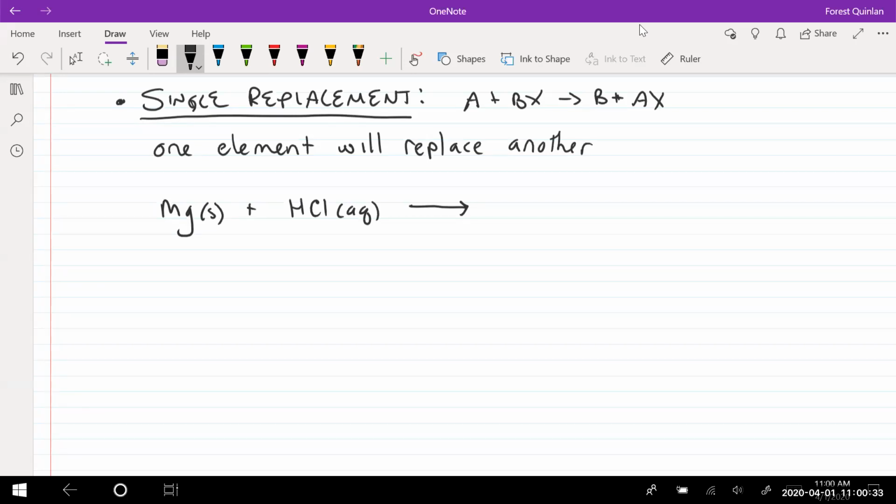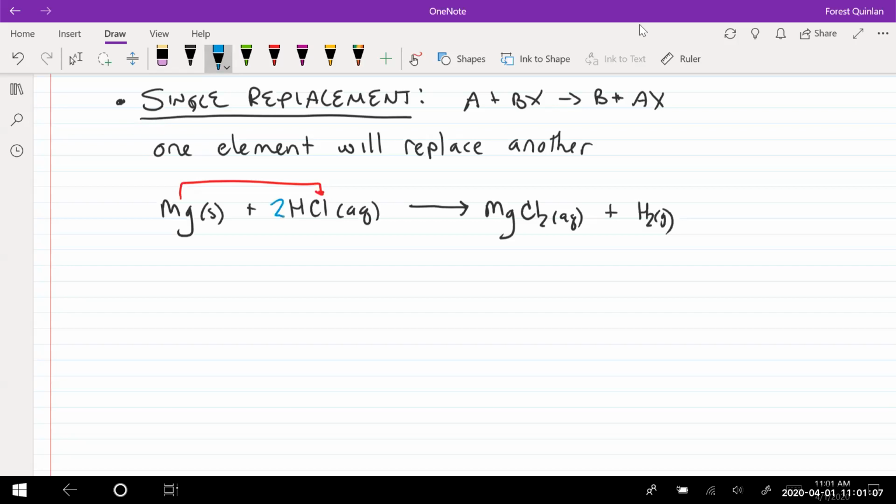And so this magnesium is going to go over and partner up with this Cl on the other side to make MgCl2, which is going to be floating around, and good old-fashioned hydrogen gas. So one of those elements replaces the other, and that element is now formed, which means you should be seeing some hydrogen gas evolving from this.